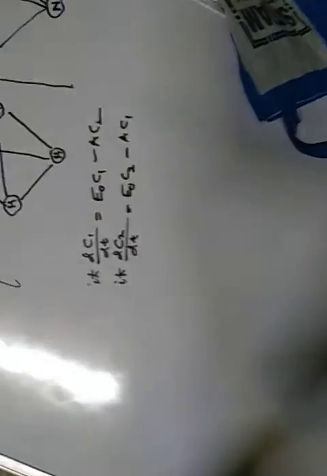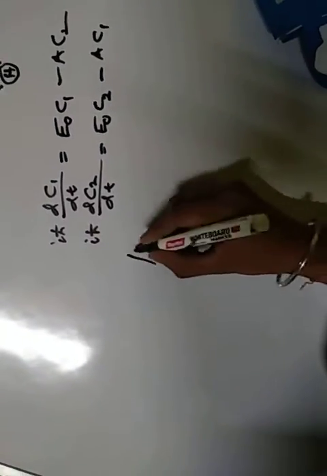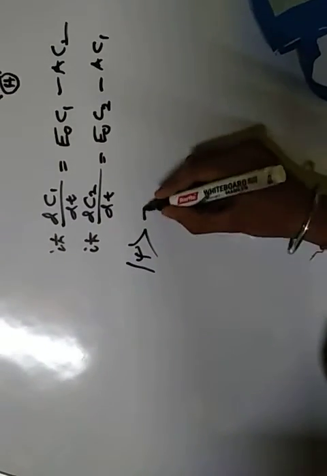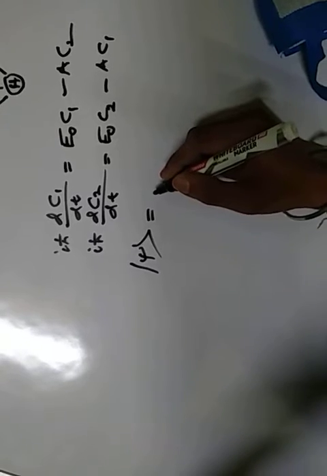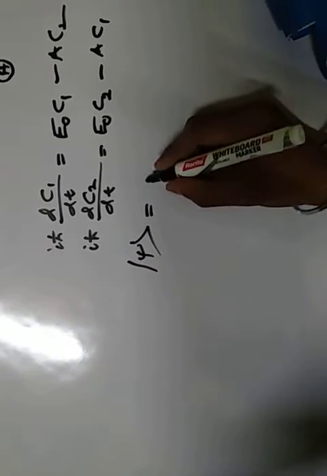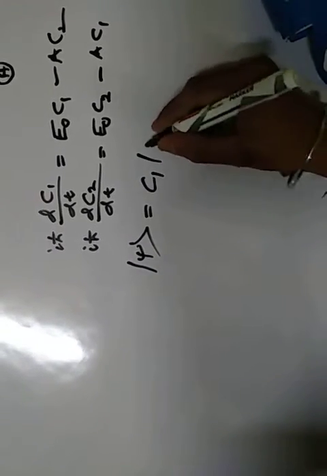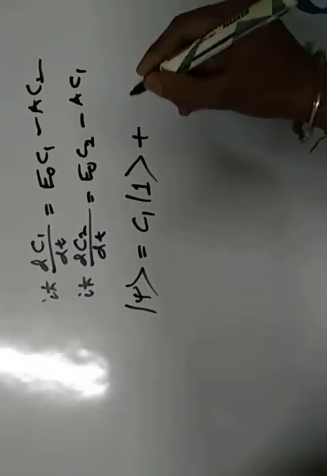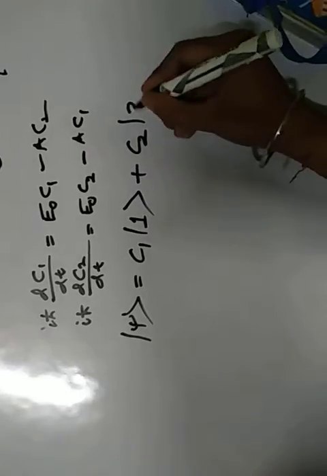First of all, I will give the solutions, isn't it? In a state, say the ammonia molecule is in the state psi, it can be described as C1 times state 1 plus C2 times state 2.